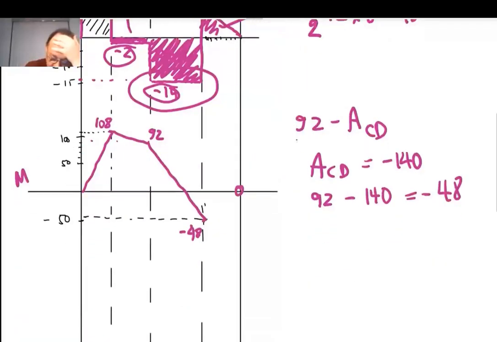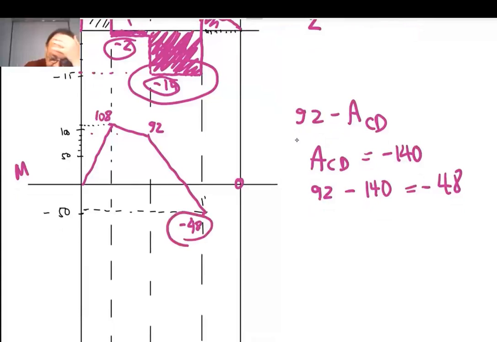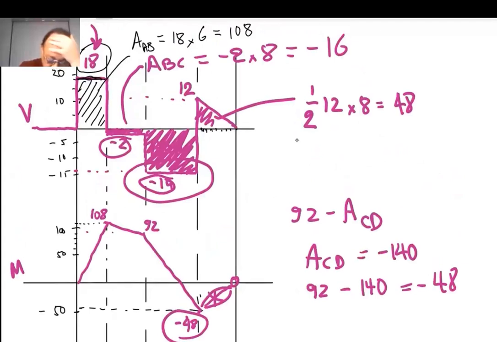So look, we have minus 48 here plus 48. This has to go down to 0, but not a straight line. Maybe like this, maybe like that. Why not a straight line? Because the shear diagram right here is not constant slope. If this was constant slope, it would go straight down here. But it's not constant slope.